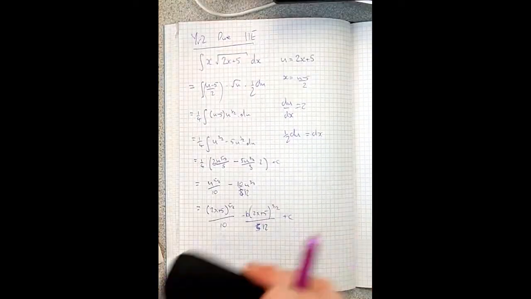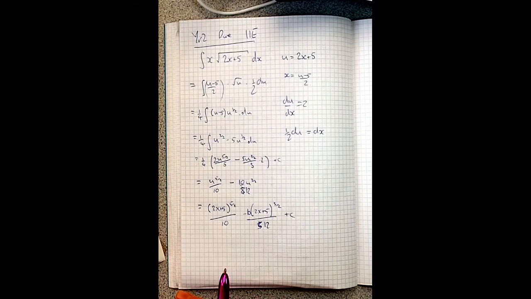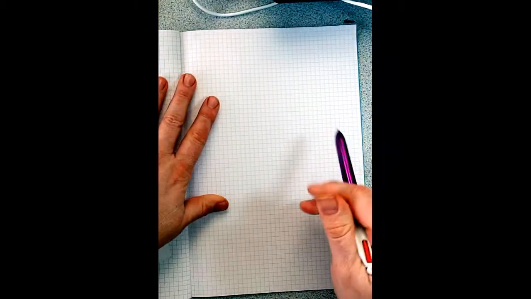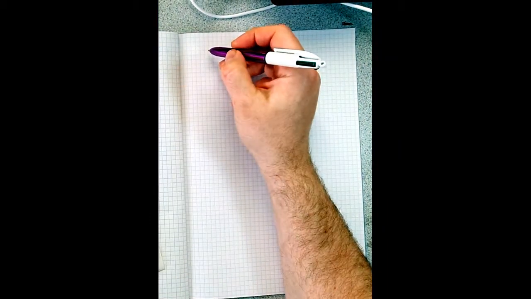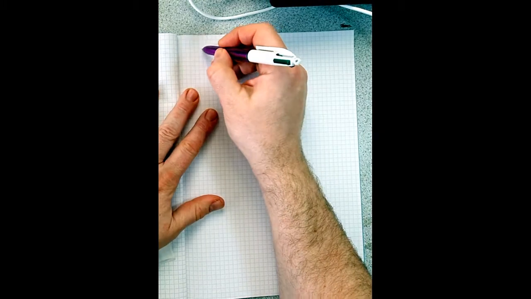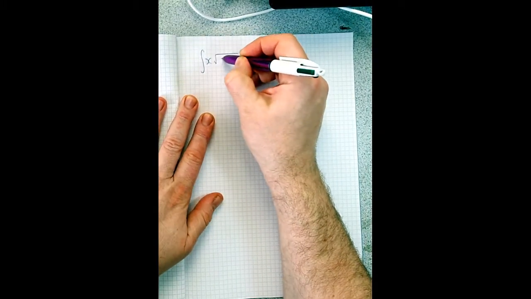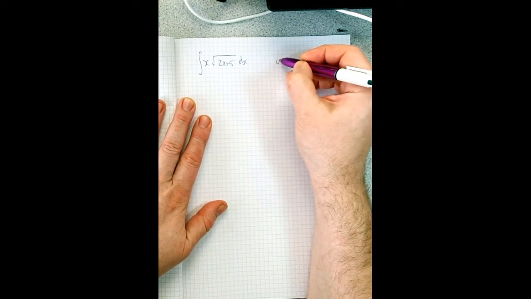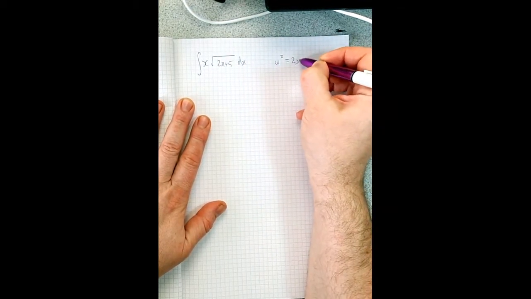The example is a good example to show how I don't necessarily have to use that substitution. I've got this same question with a different substitution. Let's write it out again. u squared is 2x plus 5.